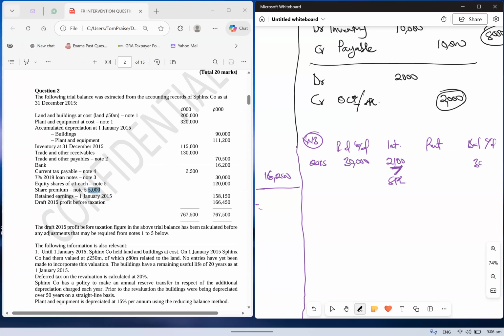This is supposed to be the 30 here, so if they pay the 2,100, it gives you your 30. But instead of recording 2,100, they only did 1,050, half. So the remaining half, we should go and do it. And since it hasn't been paid, it will also be in our current liabilities. So in your current liabilities, you know there is an unwinding interest of 1,050.